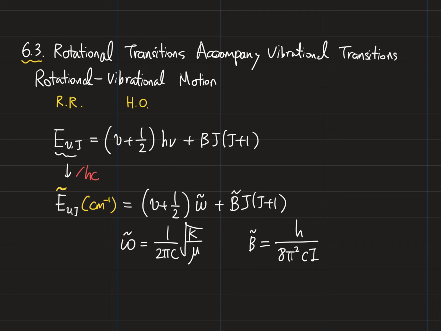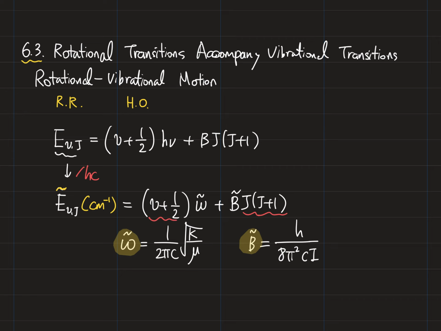So what I want to emphasize here is if you calculate omega tilde and B tilde, this is like the metric of the energy levels for vibrational motion and rotational motion, right? Because they are proportional to some quantum number here.